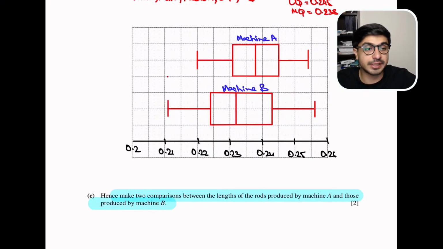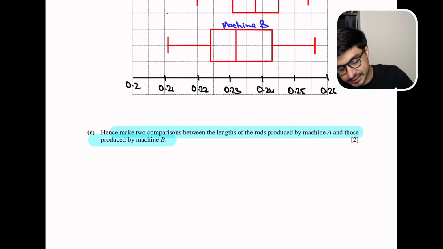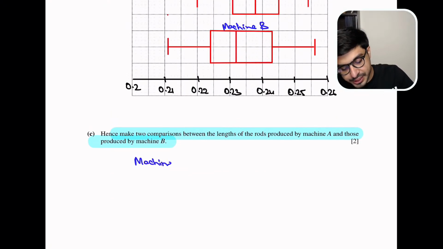So what can be the first comparison? The first comparison in this case is going to be that machine A is longer than machine B, right?